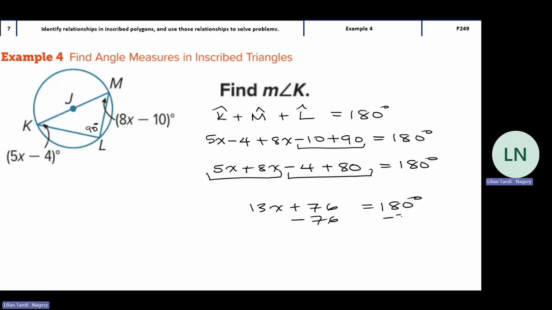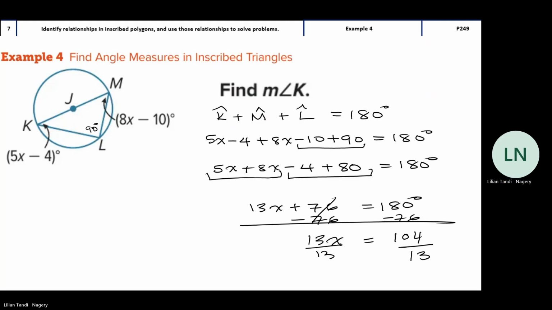Minus 76 on both sides. This goes away. 13x equals 104. Now, if you divide both sides by 13, x becomes 8. But I don't want x.